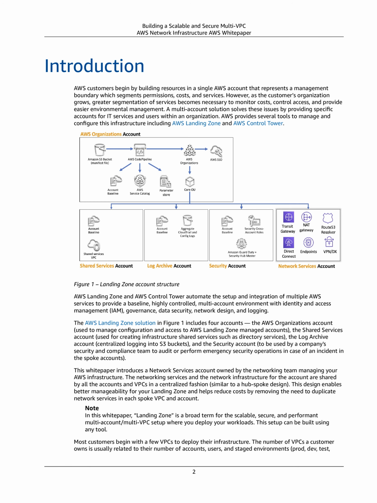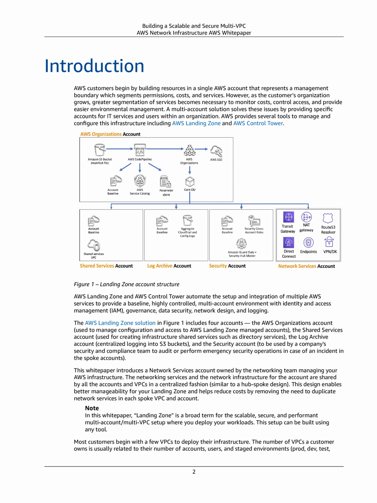Introduction. AWS customers begin by building resources in a single AWS account that represents a management boundary which segments permissions, costs, and services. However, as the customer's organization grows, greater segmentation of services becomes necessary to monitor costs, control access, and provide easier environmental management. A multi-account solution solves these issues by providing specific accounts for IT services and users within an organization.